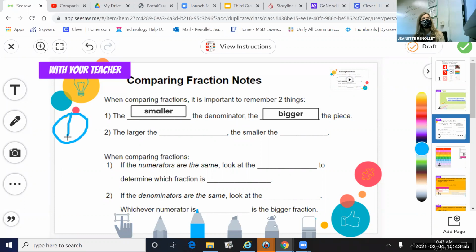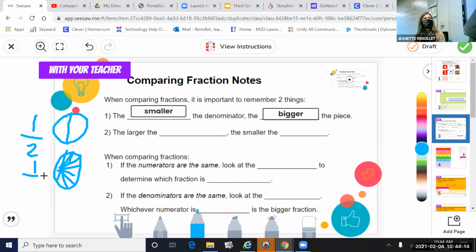When we cut something into 1/2, our denominator is only 2. That's a pretty small denominator. But if I cut something into 100 pieces, oh my gosh, right? If there's 100 different pieces, my denominator would be 100. Or 1,000.